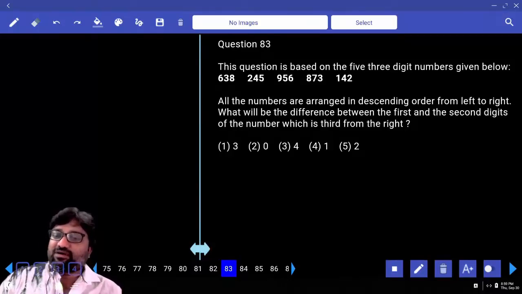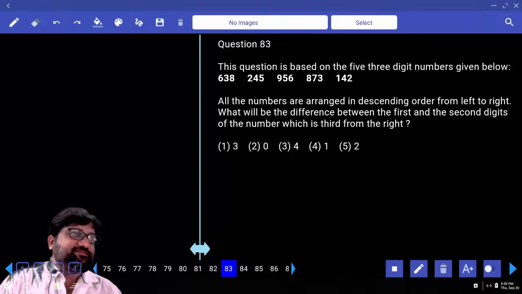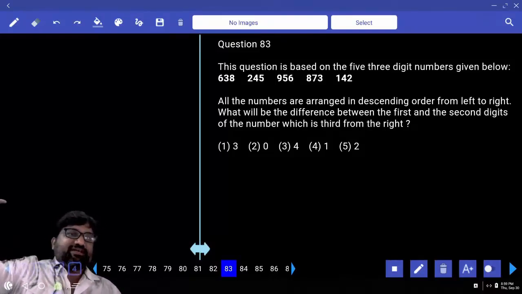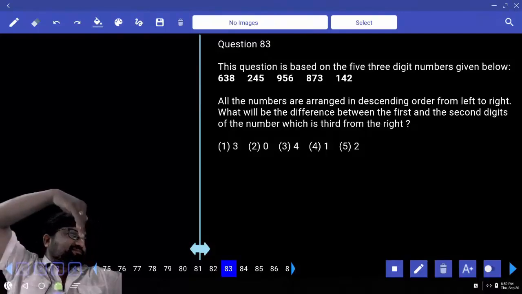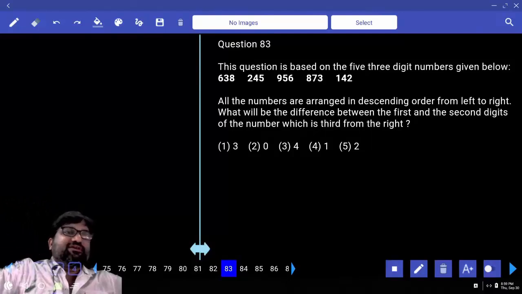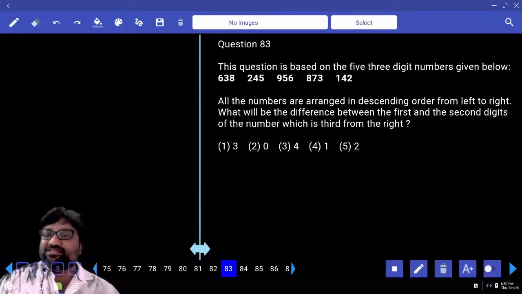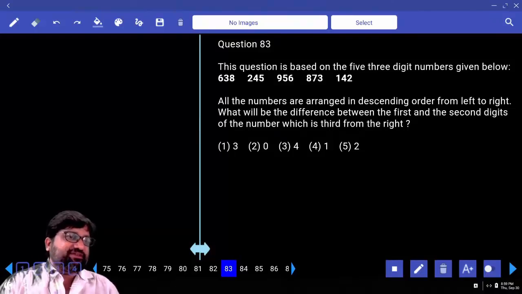Question is what? All the numbers are arranged in which order? Descending order. So in descending order, left hand is highest, right hand is lowest. Third from left is what? Third highest. What is the third highest number? Difference between first and second? 3.